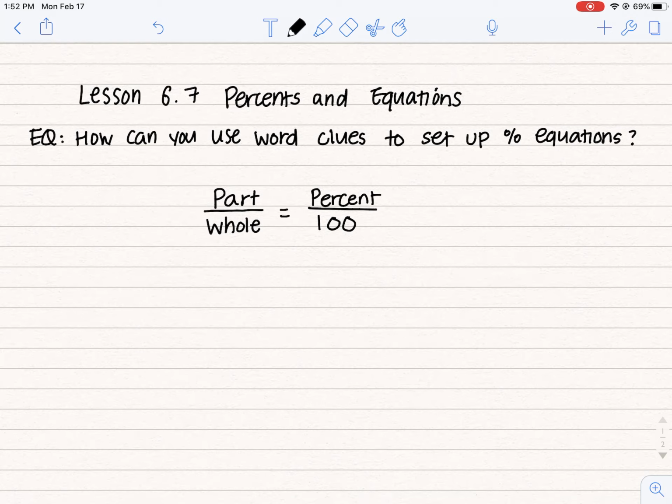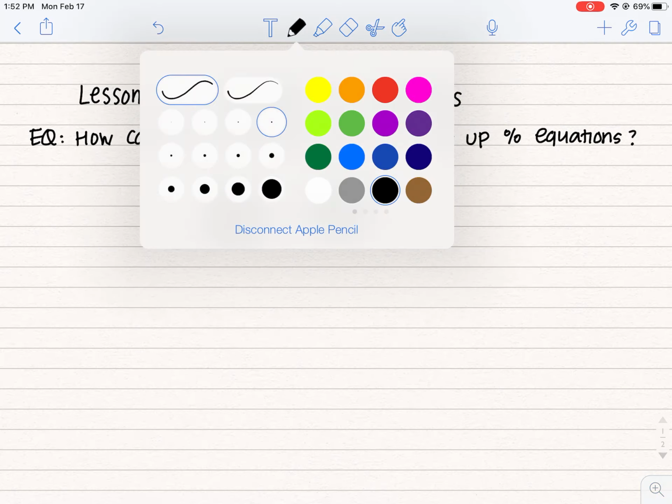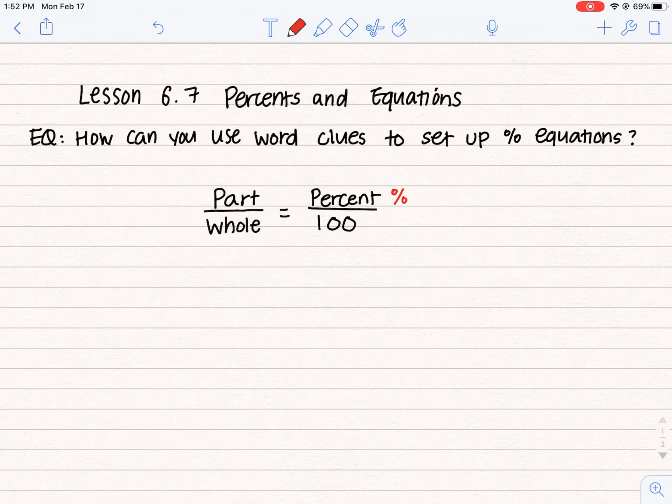Now, when you have equations like this, part over whole equals percent over 100, you have to make sure that you also know the word clues for the other two, part and whole. I know the percent is always going to be over 100 because it uses a percent sign. But how about the part and the whole?